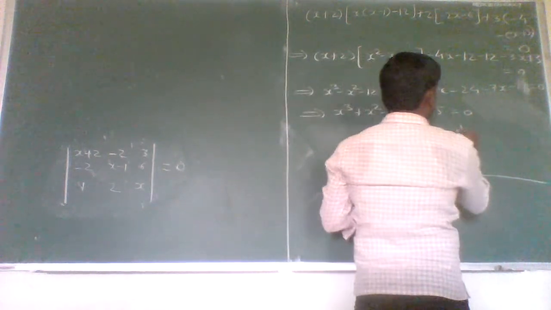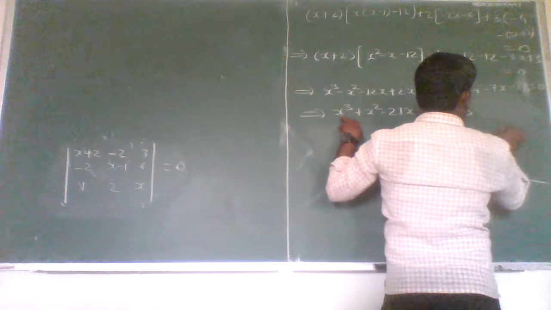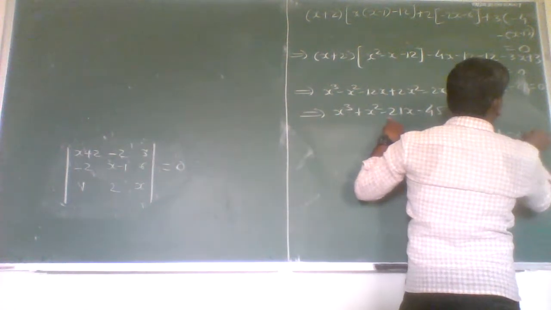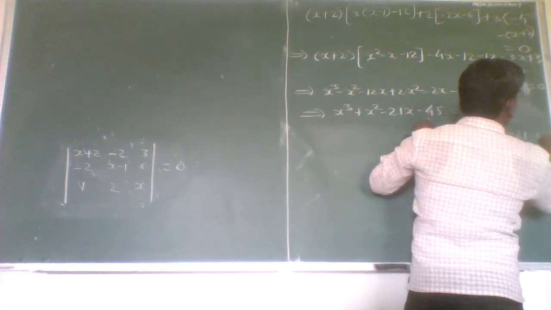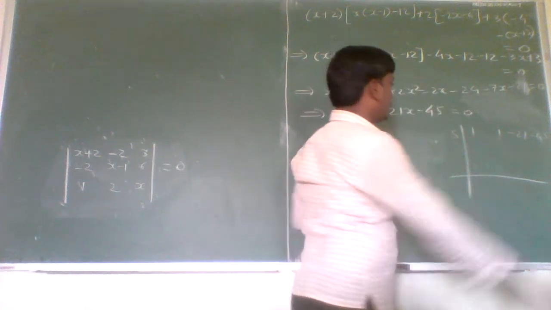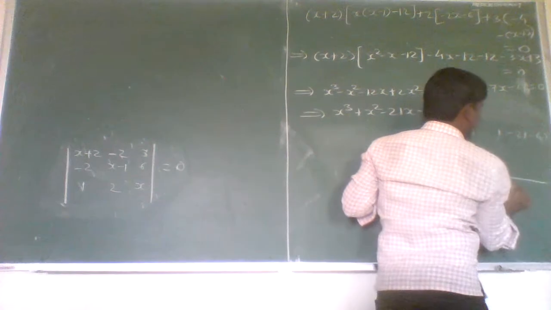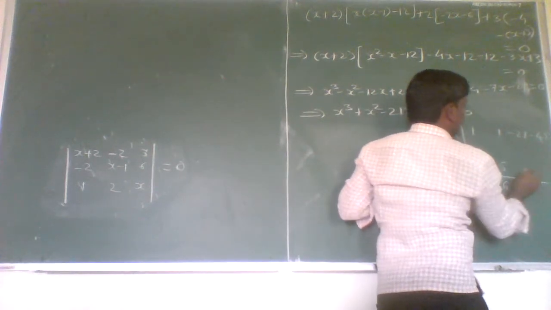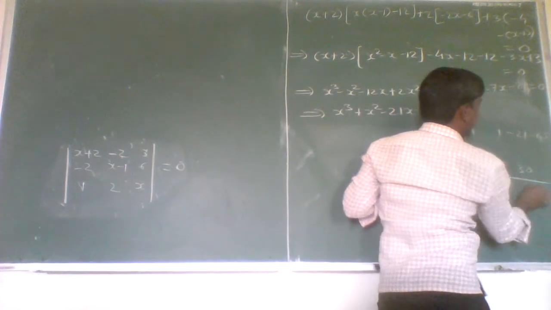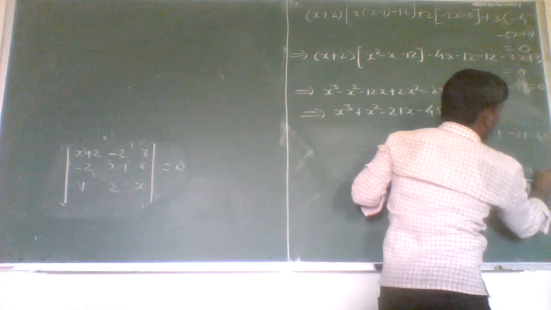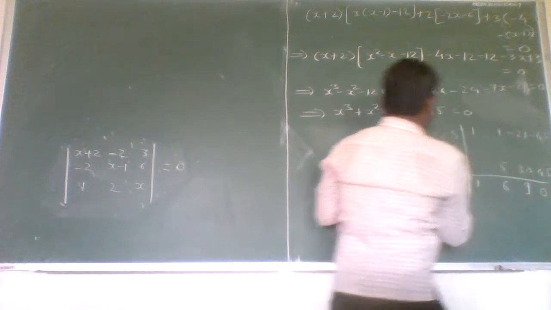So, by synthetic division method, with coefficients 1, 6, minus 21, and minus 45: 1, 5 into 1 is 5, 5 plus 1 is 6, 6 into 5 is 30, minus 21 plus 30 is 9, 9 into 5 is 45, which is equal to 0.